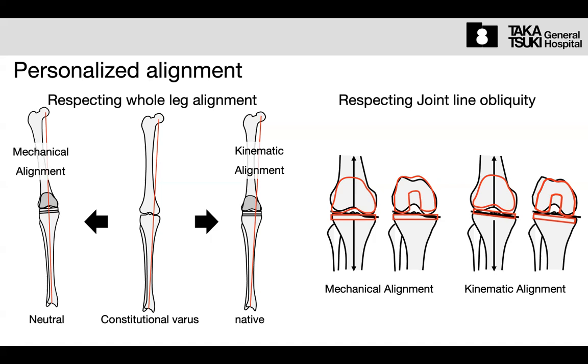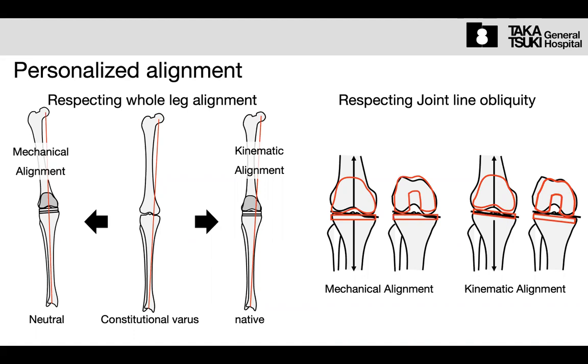Maybe some patients are best with true kinematic alignment, but some patients are best with restricted kinematic alignment. And maybe it's a concept that the type of personalized alignment can depend on the type of component.